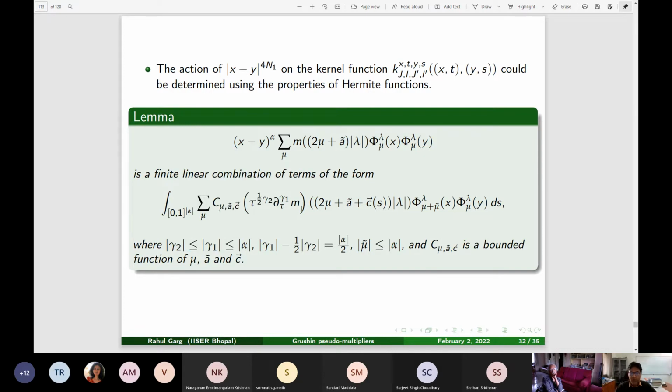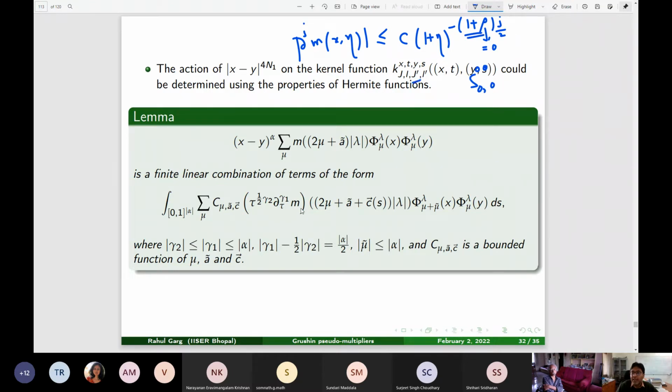In the sense, if you remember, the type of condition that we put on the Grushin or Hermite symbols was that anytime you give me a derivative, let's say del j of the symbol in the eta variable, we were asking the derivative to have decay of minus of 1 plus rho times j by 2, right? So even if you are giving me rho equal to 0, so I'm working with a 0 type of symbol, even then I have minus half decay available.